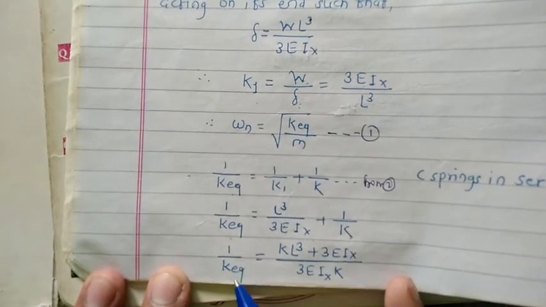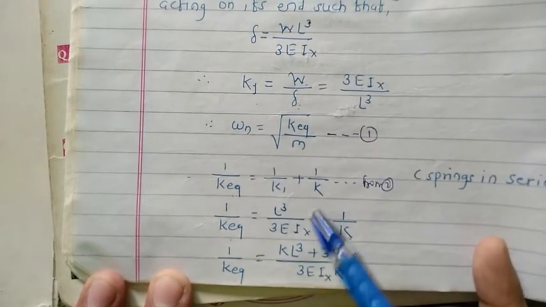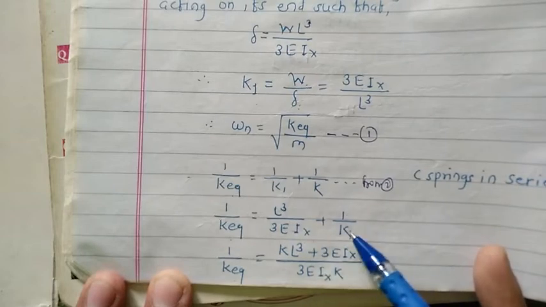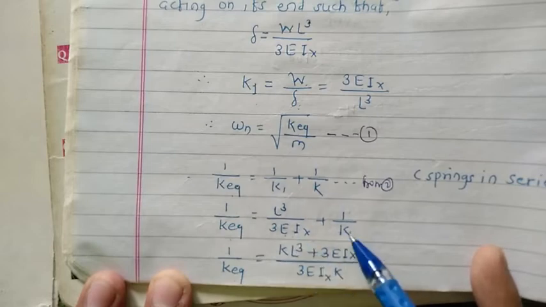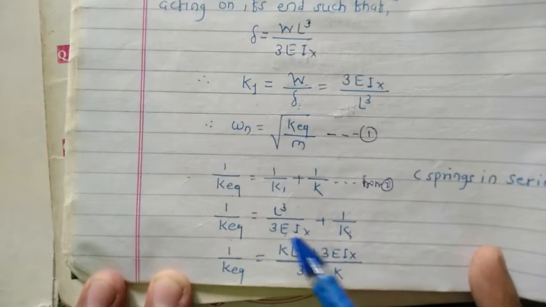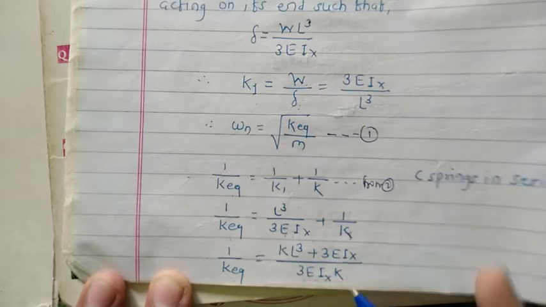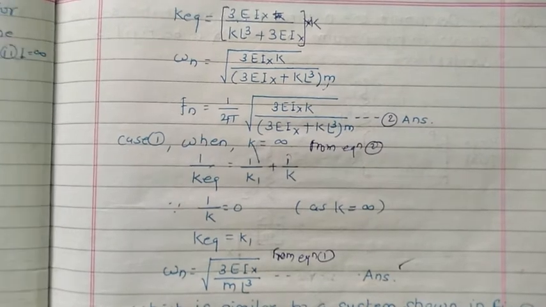So 1 upon K equivalent equals, making the denominator common, K L cube plus 3EI, divided by 3EI into K. K equivalent is nothing but the reciprocal of the previous step.